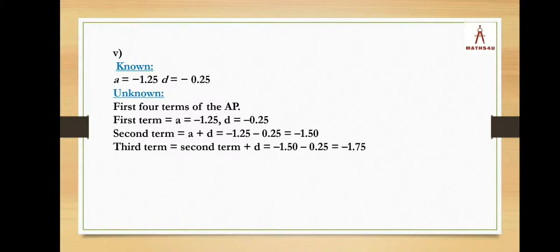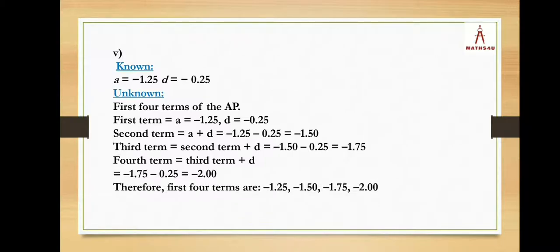The third term is the second term plus D. So -1.50 plus -0.25, we get -1.75. The fourth term is the third term plus D, or we can say A plus 3D. So we get -1.75 plus -0.25, so -2.0. Therefore the first four terms are -1.25, -1.5, -1.75, -2.00.